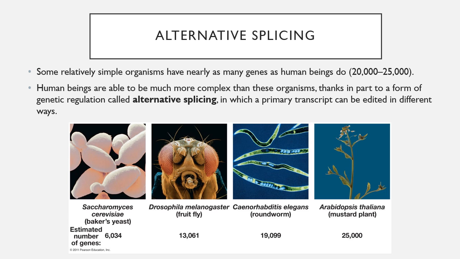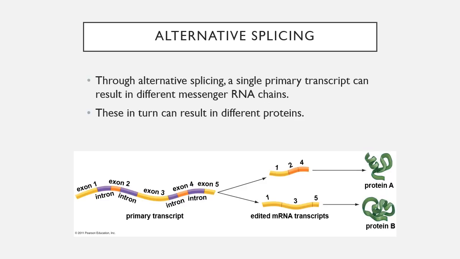Humans, we have a lot of genes that aren't read all at one time, but that DNA might be read at a different time. So here's an example. We have this primary transcript that got made from the DNA, in this example on the top. Here we have introns and exons.